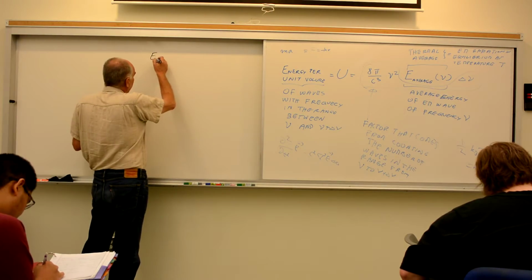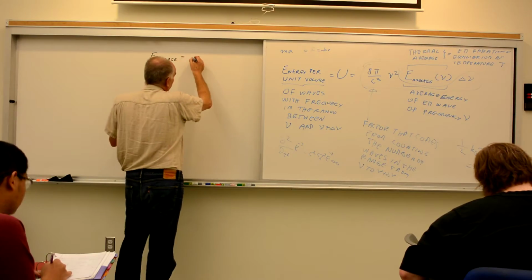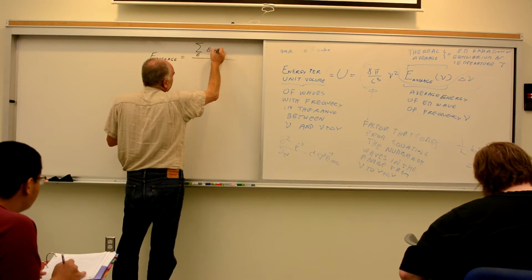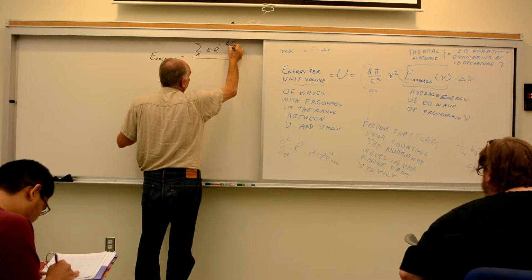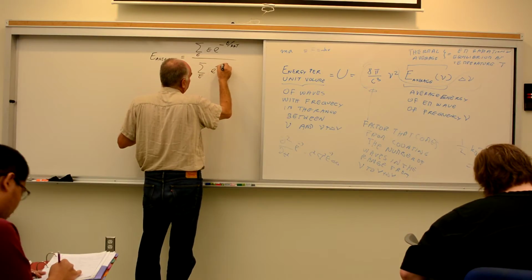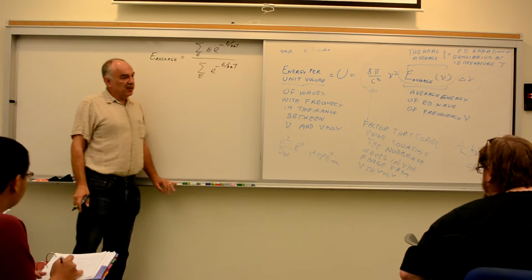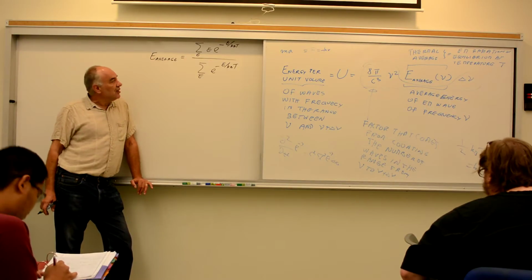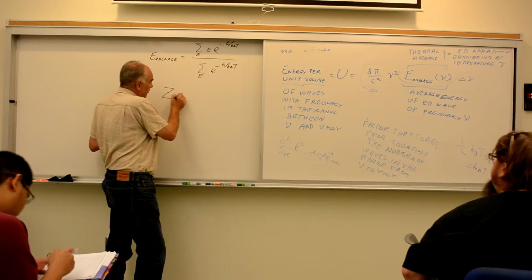The average energy in statistical physics is defined as the sum over energies of E times e to the minus energy divided by k Boltzmann T, and the denominator is the same sum. Now the sum could be an integral, depending whether these energies are discrete or not. This is just a symbolic notation, but the key to doing statistical physics is to define the partition function.